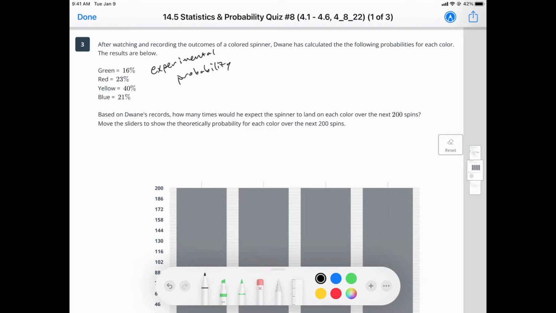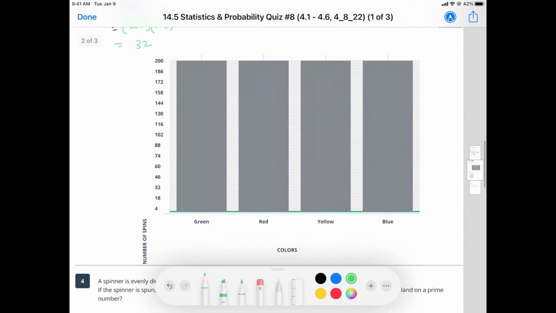So you just have your number times your probability. If we did green, that would be 0.16 times 200, which is your total, and this would give us 32. And then you can just mark it at 32.